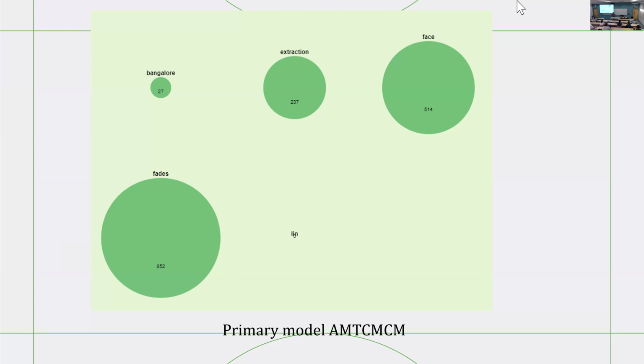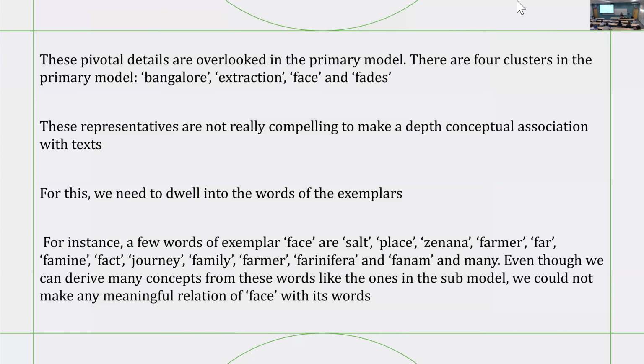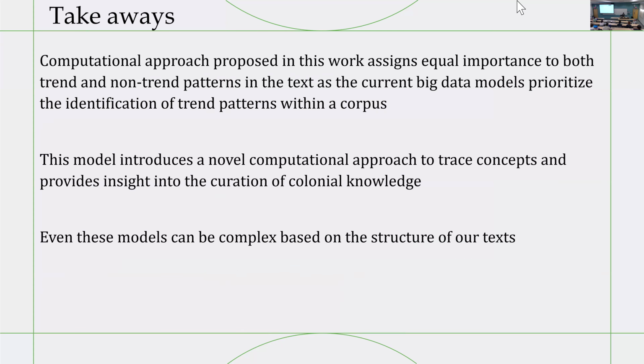But still, those drugs, oil, iron, these did not travel much throughout the text and got missed out in the primary model. So this was the issue identified. These are some of the terms that appeared inside the big model, and obviously they are also equally important, but there are much higher chances to miss out some of the nuanced information.